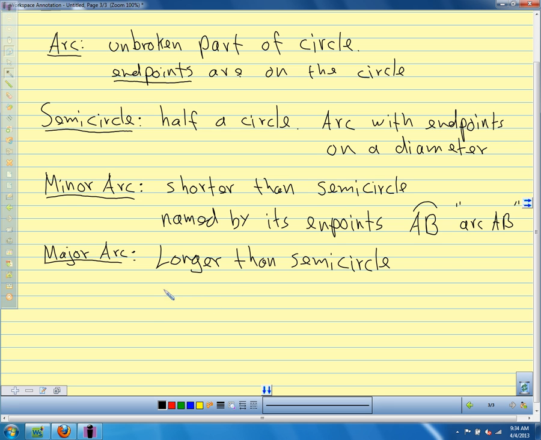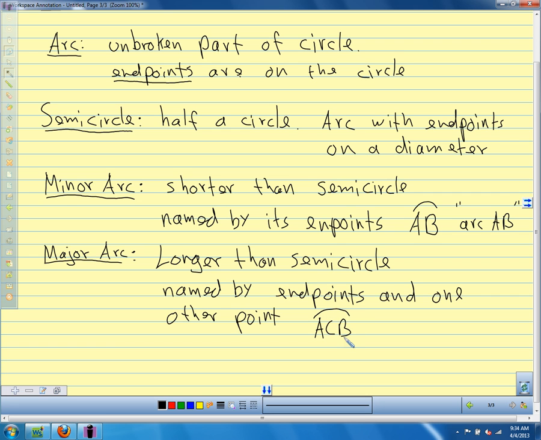And we name a major arc by its endpoints and one other point. So a major arc, I would say arc ACB. And when we draw our picture, what the C is telling us will make more sense.